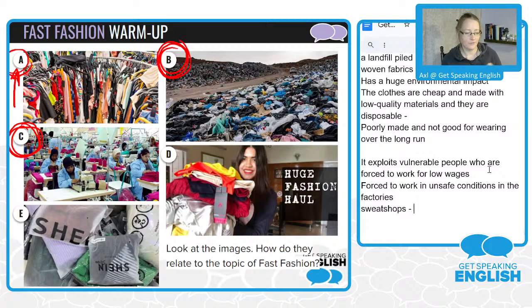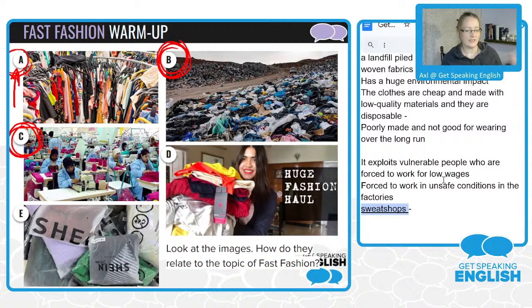You might hear the word sweatshop come up as well. So like the places where clothing is put together or manufactured, they're typically really cramped, poorly regulated, and they have to work for very low pay, right?